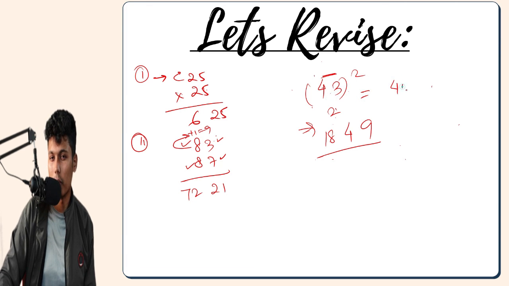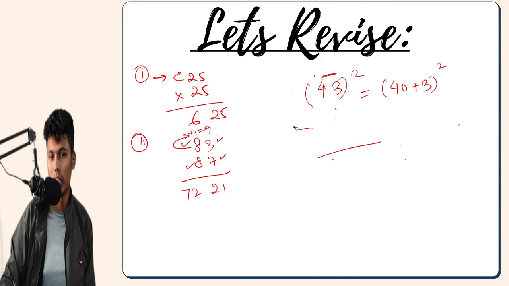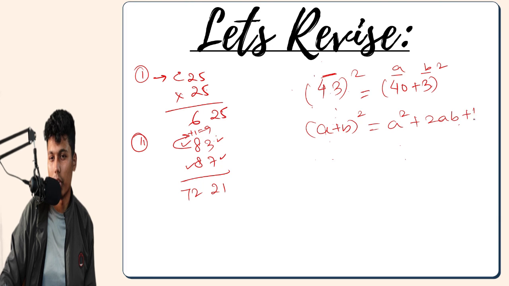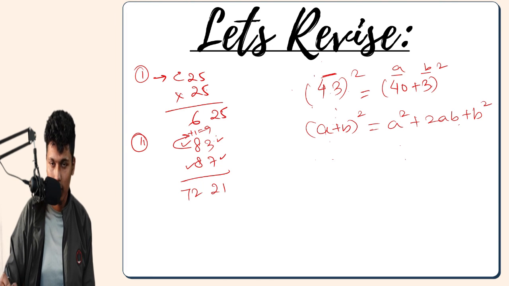I can write it as 40 plus 3, whole square, right? So let me show this one. If you take this as a and this as b, then I can write a plus b whole square. The formula is a square plus twice ab plus b square. For those people who know this one, you can do it like this.